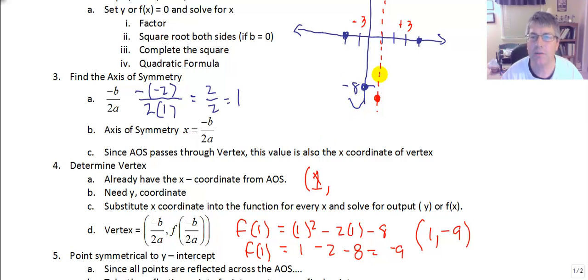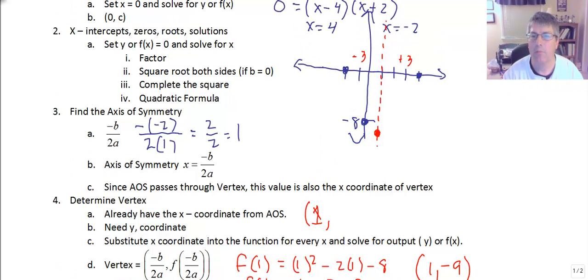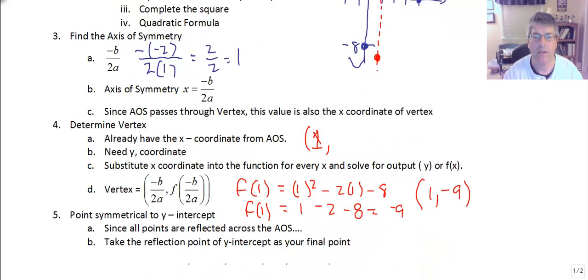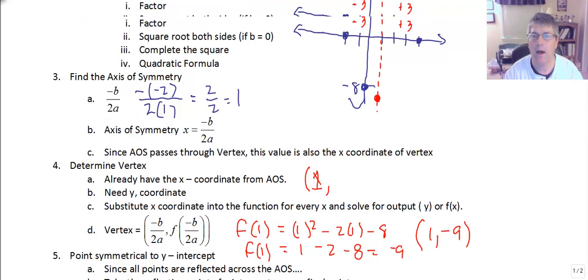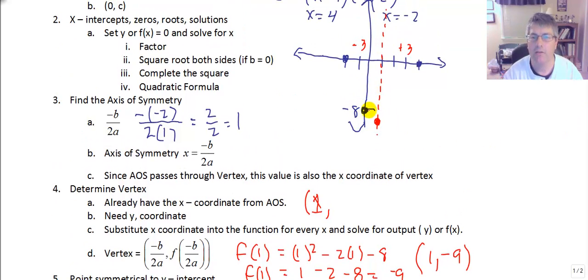So I am just about finished graphing my parabola. I just need one more point. Right? I said I would do this in 5 points. We have 1, 2, 3, we have 4 points. We need to do one more, and that's the point symmetrical to the y-intercept. Since all points are reflected across the axis of symmetry, we can take the reflection point of the y-intercept. So our y-intercept is here.